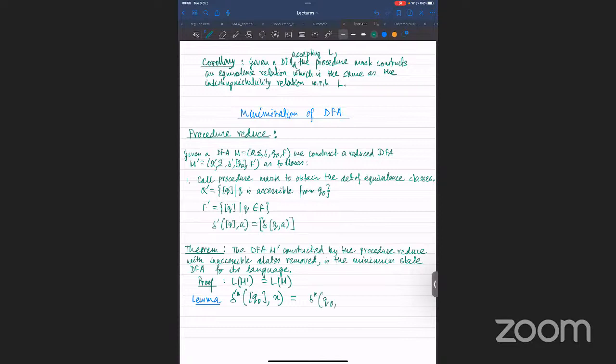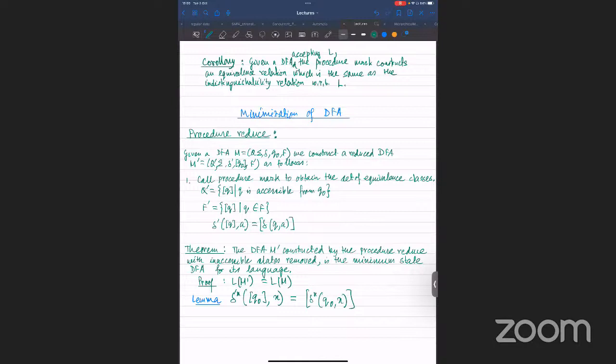It is going to be delta star of Q0, X and the equivalence class of this. This is something we need to prove, and you can prove it again by induction on the length of X, using the construction of M prime. This is routine. I'm not going to do this, but you can do it. We have seen similar proofs earlier.